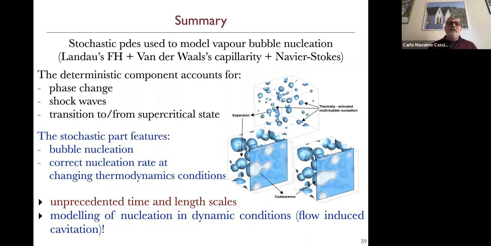So let me come to the conclusion. In summary, we have been developing a stochastic system of partial differential equations used to model bubble nucleation. This model takes contributions from different parts.